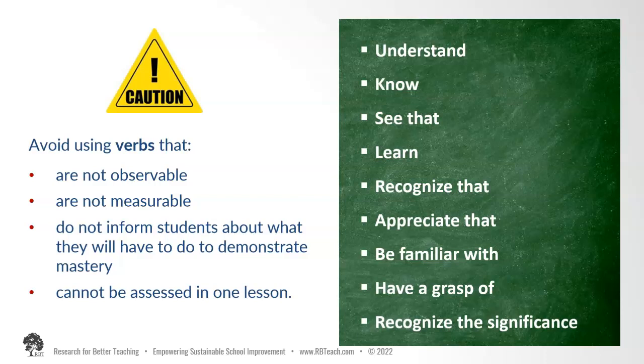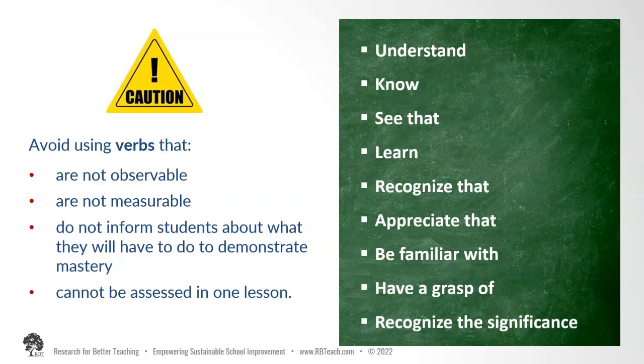These verbs that you see on this page, we do not want to use them when writing objectives. Why? Because they're not observable, they're not measurable, they don't inform students about what they will have to do to demonstrate mastery, and that cannot be assessed in one lesson. Students will be able to understand. So how do you measure that? How do you observe that? Students will be familiar with, well, how do you know that?